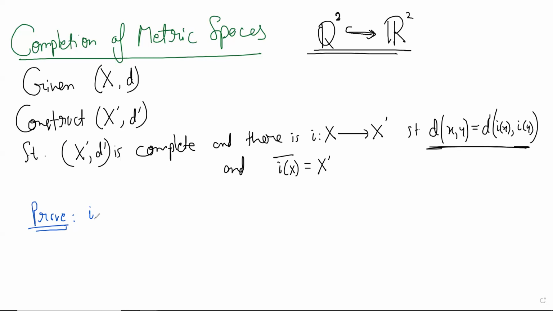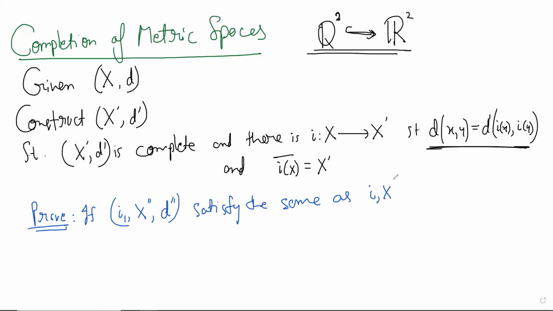Prove that if I1, X double prime and D double prime satisfy the same properties as I, X prime, and D prime with respect to X and D, of course. You see what I'm saying, right?